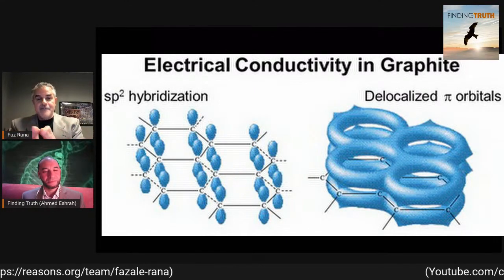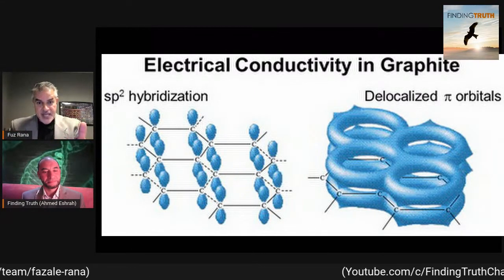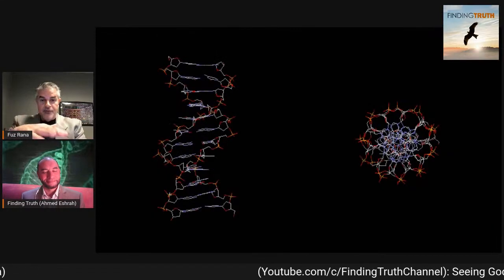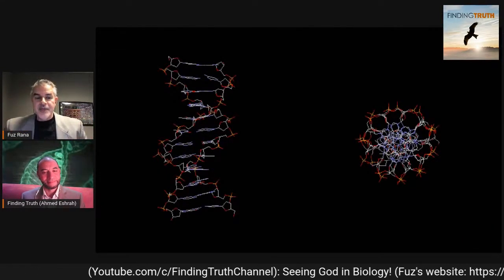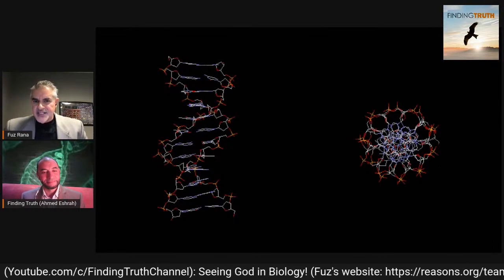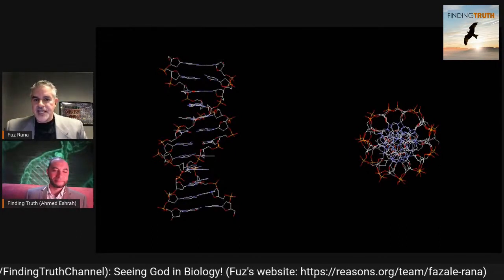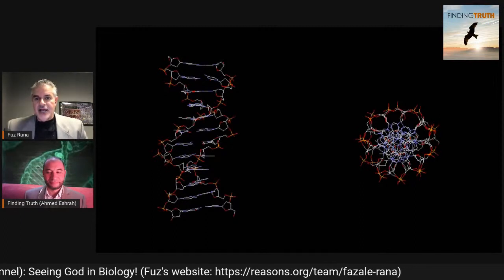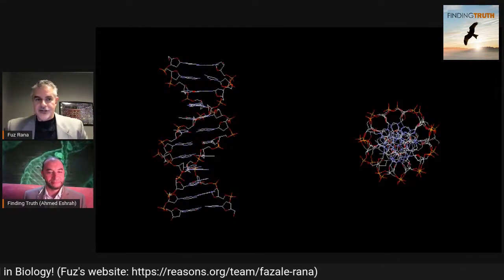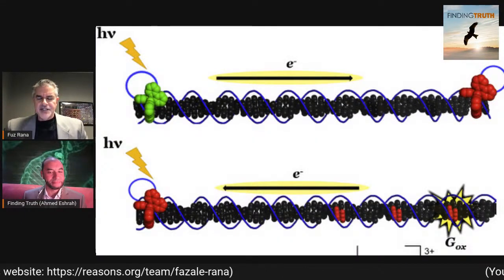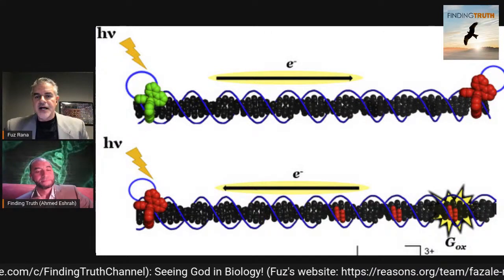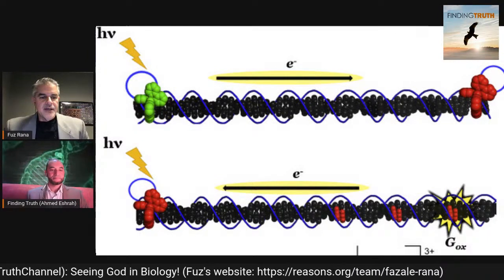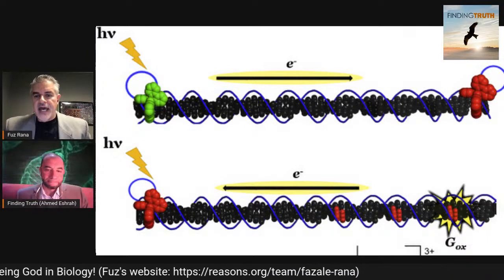It's because of that pi-pi stacking that takes place among the graphite sheets. And so Jacqueline Barton thought, well, that's similar to the interior structure of DNA. Could it be that DNA could actually conduct electrical current? And so she did a series of incredibly wonderful experiments looking at the wire properties of DNA.